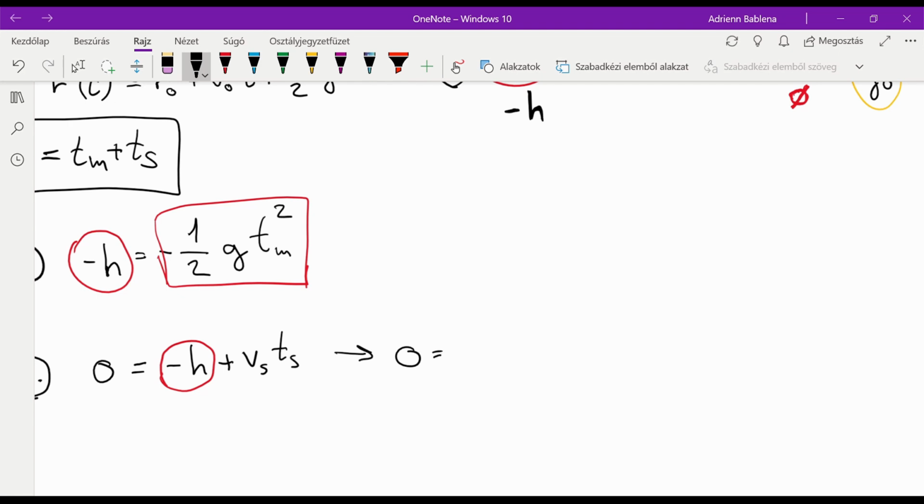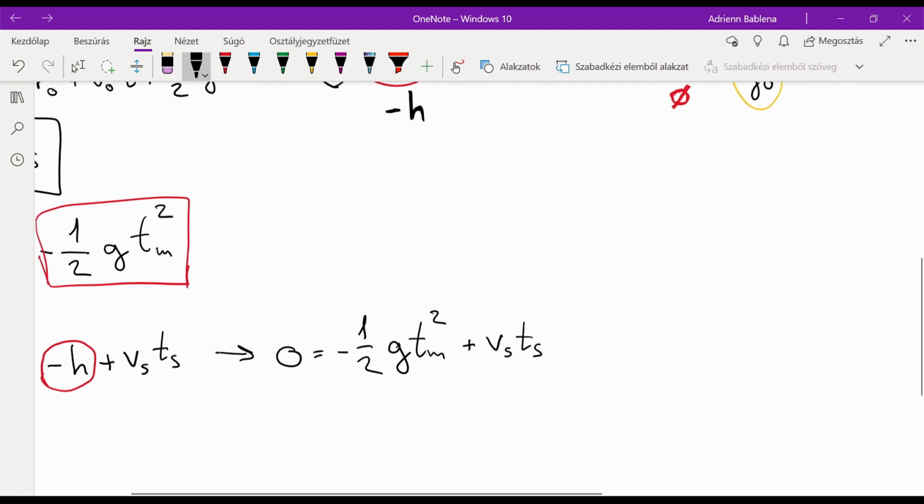So 0 equals to -h, which is -1/2 g Tm square plus the Vs Ts, and we know the value of -h.